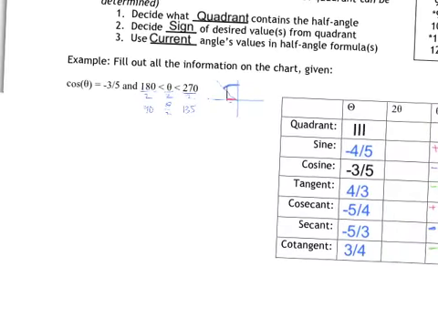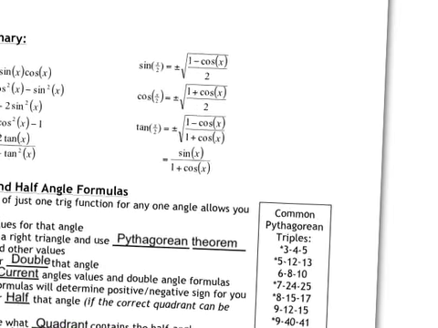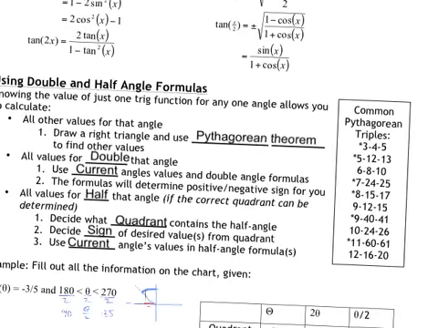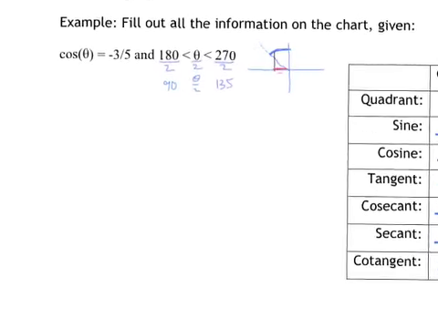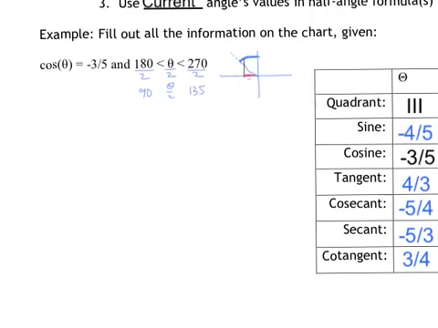So perhaps let's find the sine value a second. Sine of x halves uses this formula, square root of 1 minus cosine over 2. So if we write that in, and we'll need to use those numbers.